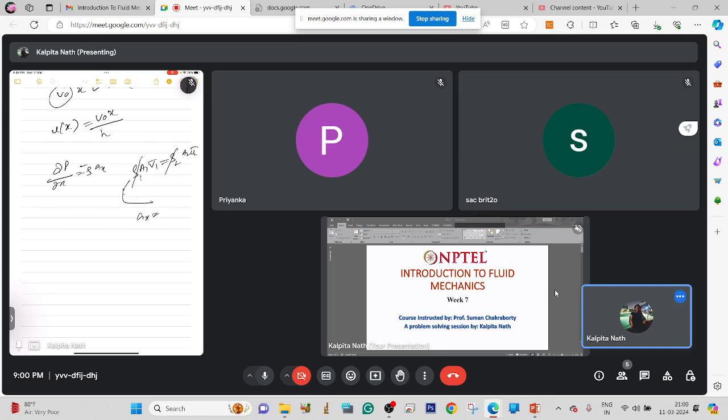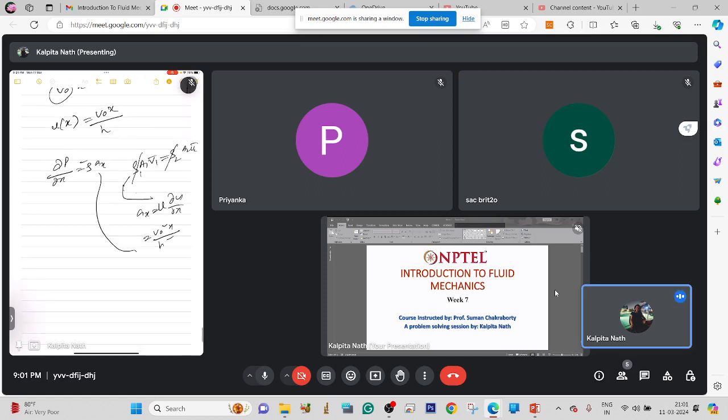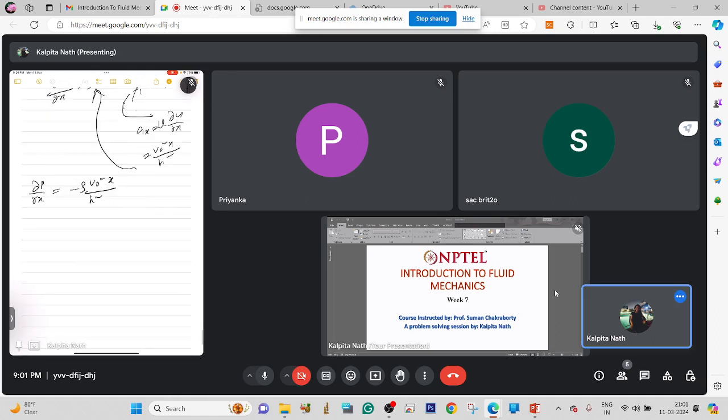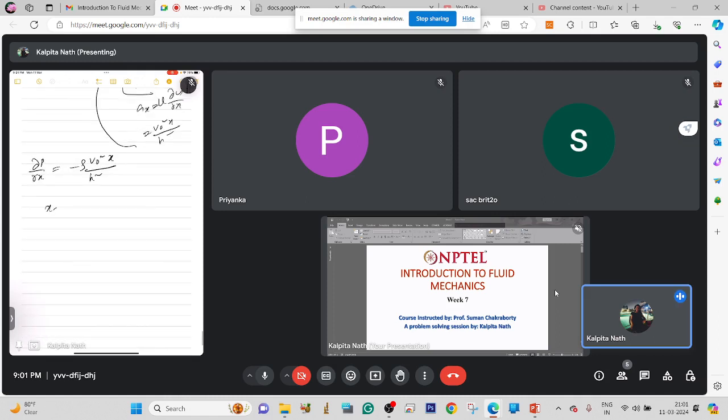So a_x is u del u del x, which will come out to be V naught square x upon h square. Putting this here, del p del x will be equal to minus density V naught square x upon h square. So x is equal to 0 to x is equal to b by 2 and y is equal to h.